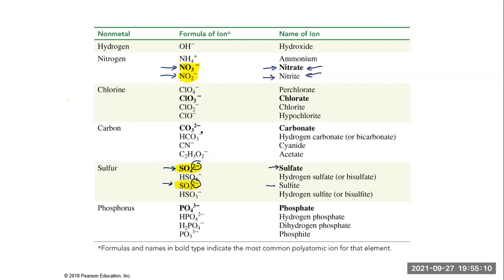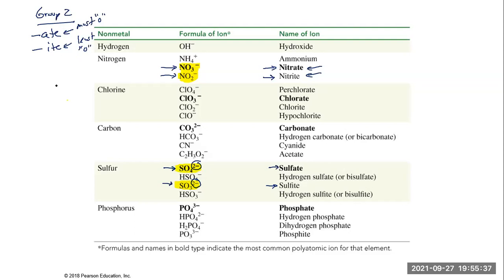The one with 3 oxygens is sulfite. So typically in a group of 2 that are related to each other, they will end in ate or ite. Ate is the one with the most oxygen in that group, and ite is the one with the least oxygen in that group. That's a really good way to memorize it.